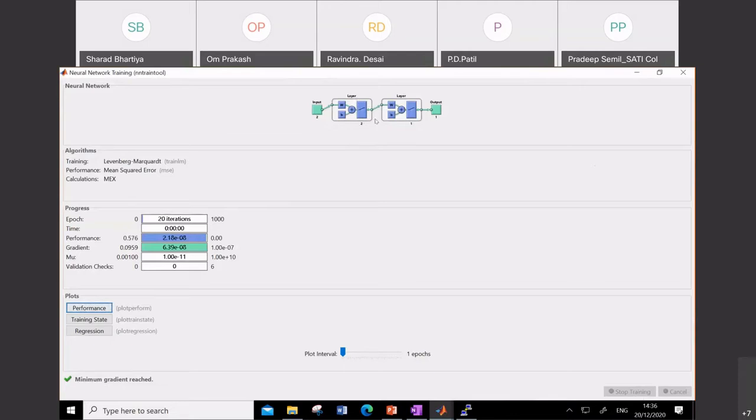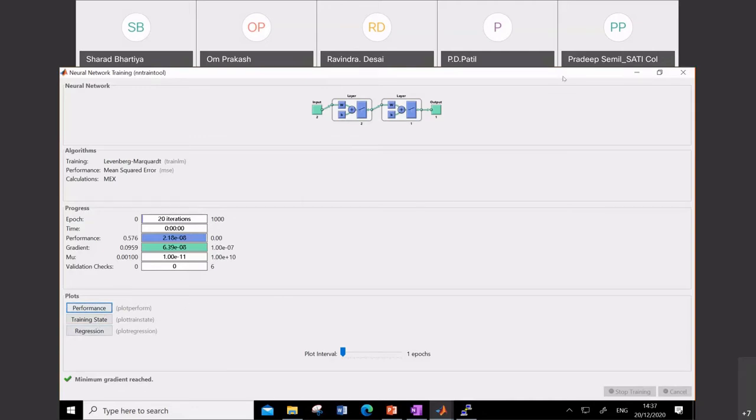Okay, and you can see that there is a log sig and a log sig here. We used train LM. The number of iterations allowed were 1000. It stopped after 20. The performance index was 0, which is unrealistic, and it gave a very, very low value. Okay, and the mu value was here. So I think it probably has performed quite well.